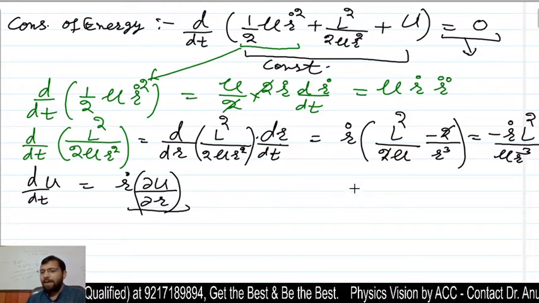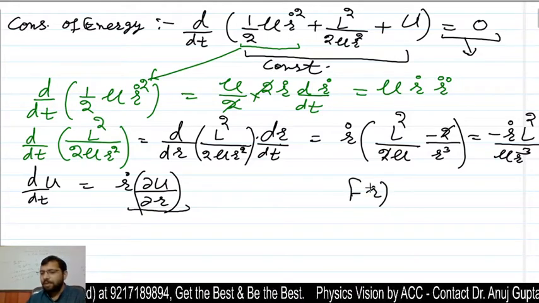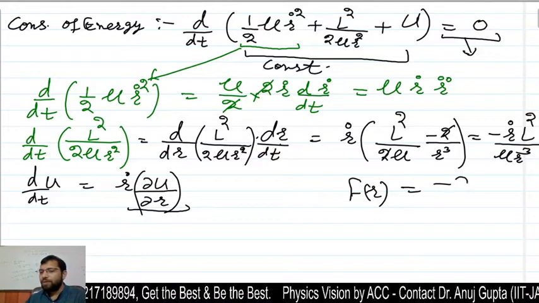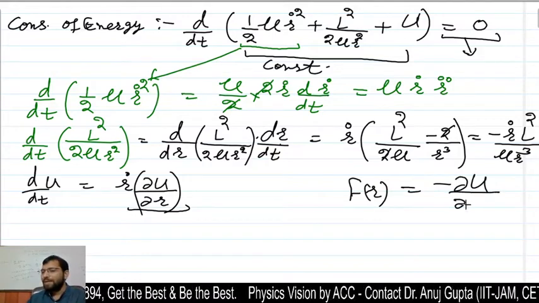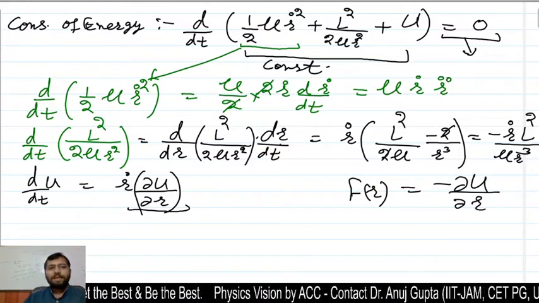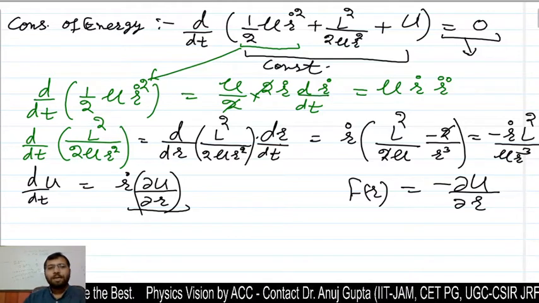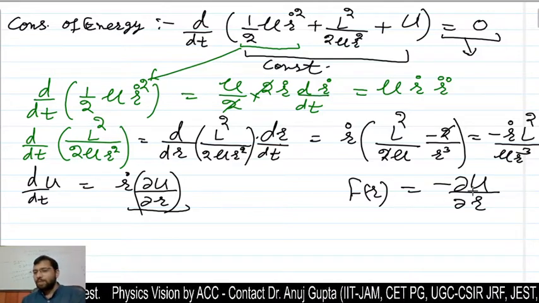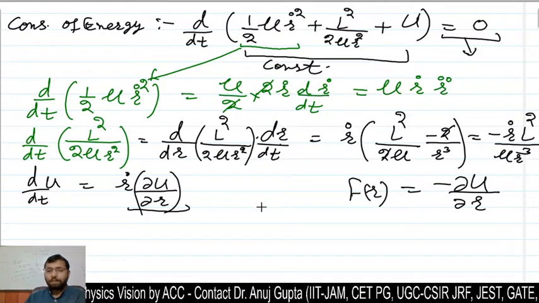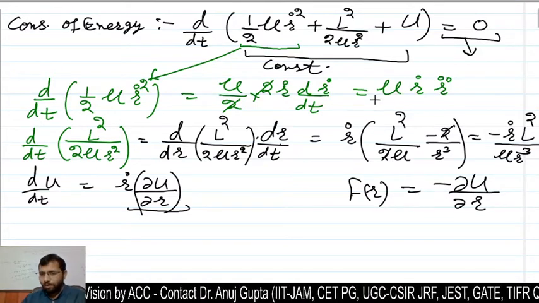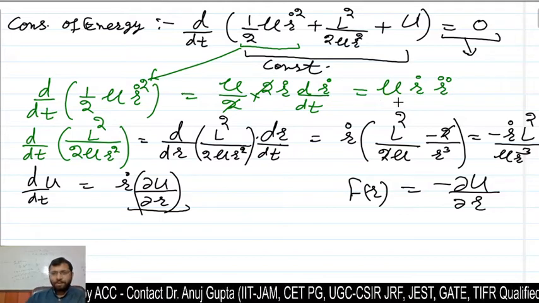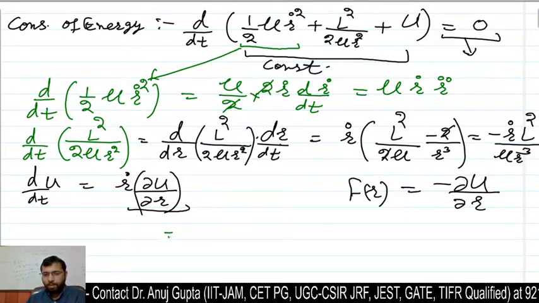हमें पता है fr is given by minus of curly u by curly r. From the definition we know this thing. The central forces can be written as the negative gradient of the potential energy, gravitational potential energy. So by putting these values we will get what we will get. लिख देता हूं मैं.